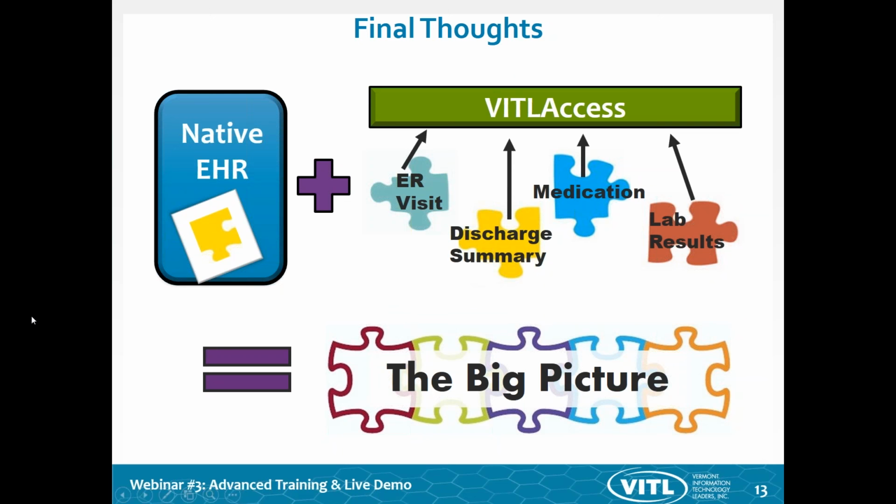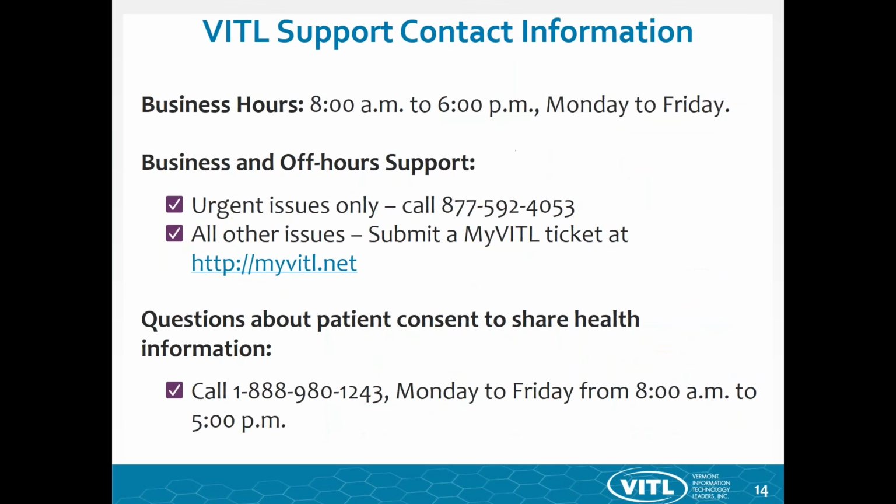Health information exchanges, such as the VHI, provide clinicians with information outside the walls of their EHR and their organization at the point of care. While the data contained in VITLAccess may not be considered as deep as your EHR, it is more expansive. Like pieces of a puzzle, information from both your EHR and VITLAccess fit together to give you a more complete patient picture.